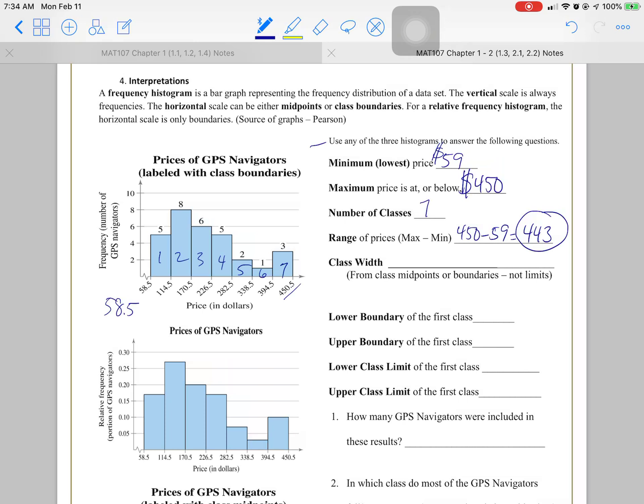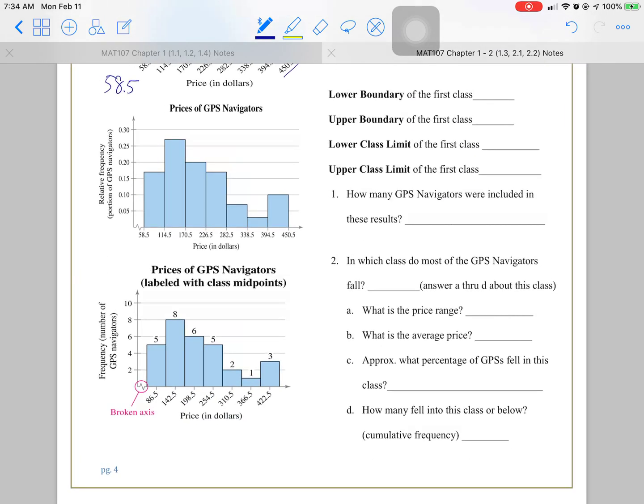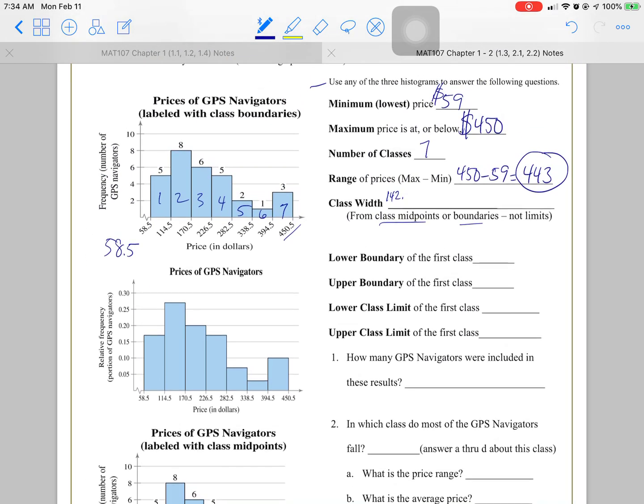The class width: how wide are these bars? Not just how wide, but what from number to number. You can go from class midpoint or class boundary to the next one, not the numbers inside. So we're talking edge of bucket to edge of bucket. The midpoint down at the bottom here is 142.5.